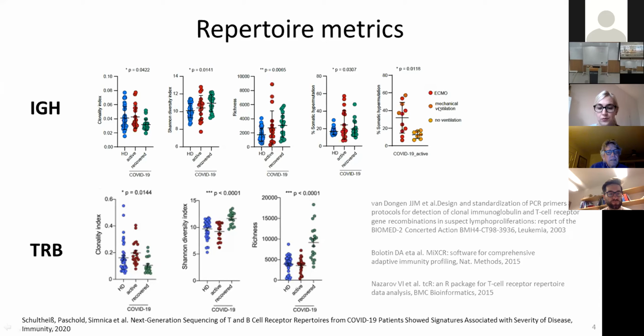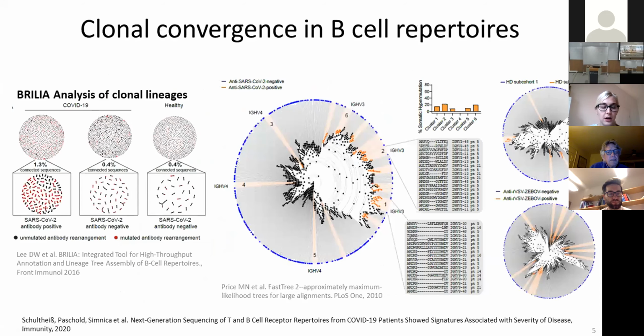From the B cell repertoire, we wanted to infer converging clones in order to identify SARS-CoV-2 reactive B cells from patient repertoires. At first, we used the tool Brilia, which infers clonal lineage trees.